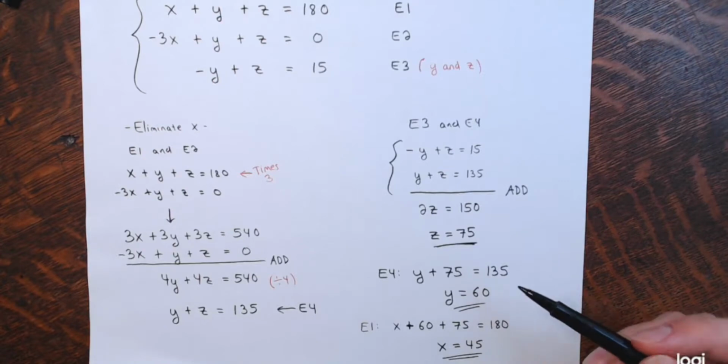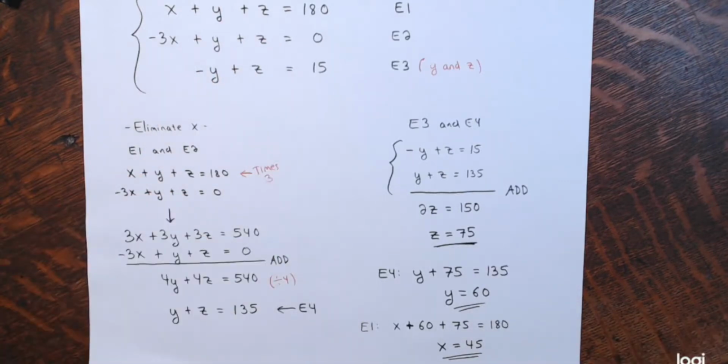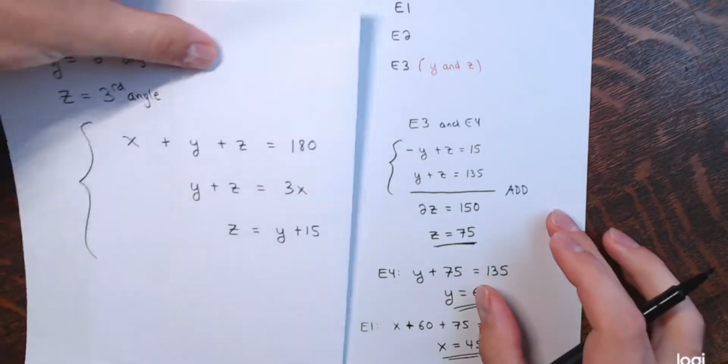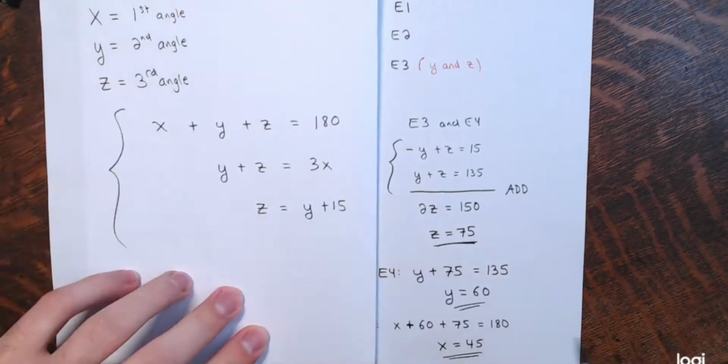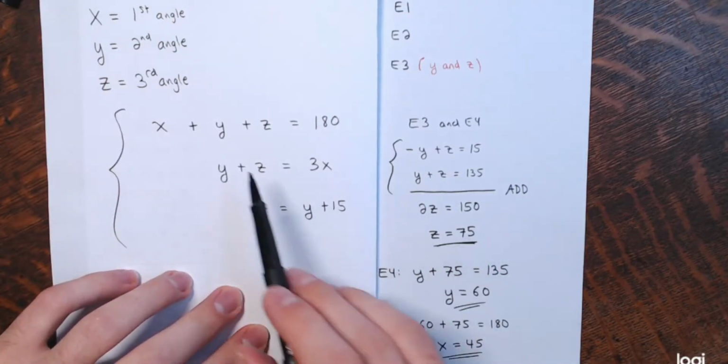And then check, make sure these three values satisfy all these equations. Now, I should go back right to the original. All right, let's go back to the original here. Here's what the original looked like. Now the sum of all three of these is indeed 180, so the first one's true.